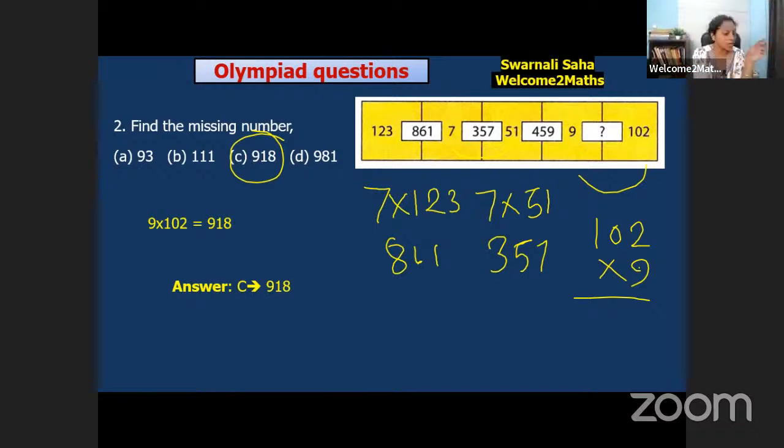Just like here 123 and 7, and the middle number is 861. So whenever you multiply these two side numbers, you get 861. So you have to find out which relation there would be. After solving so many questions, you would understand. So it would be 918. Fine, so let's move on.